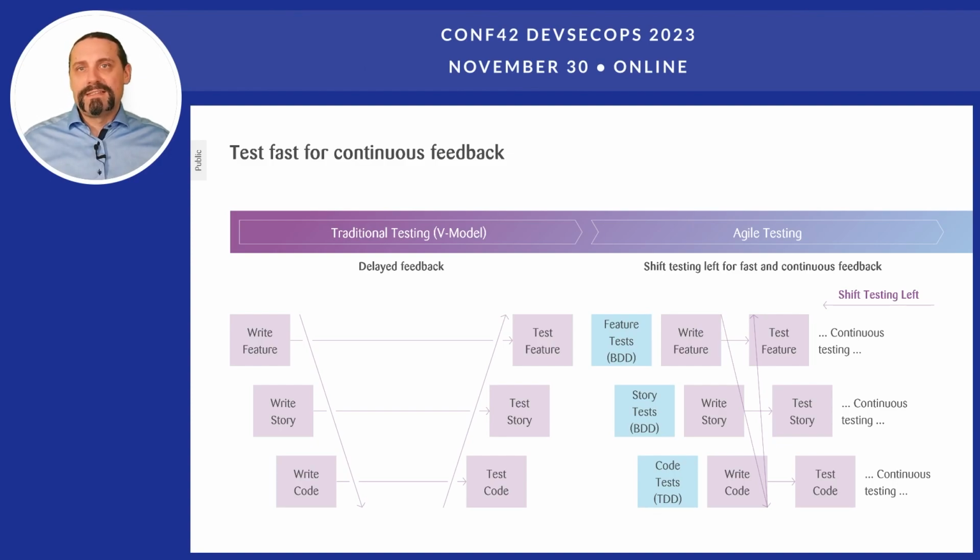This is what TDD is all about. You can see that in there. So you should always write the test, then the code, and this means we are shifting left the whole testing of a story and also of a feature. And this is why we usually talk about the shift left in testing.